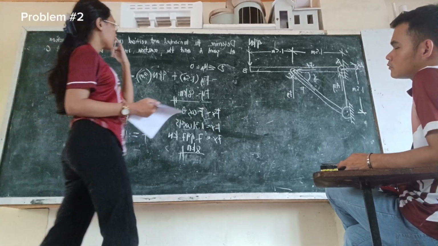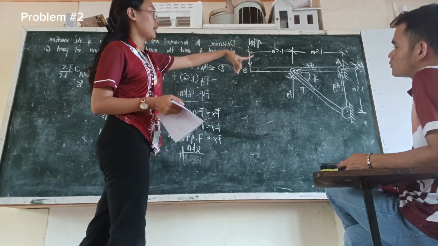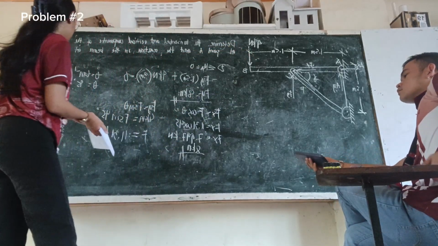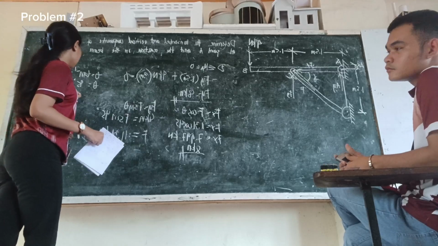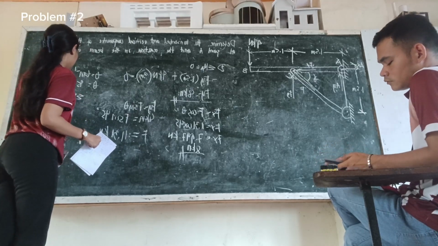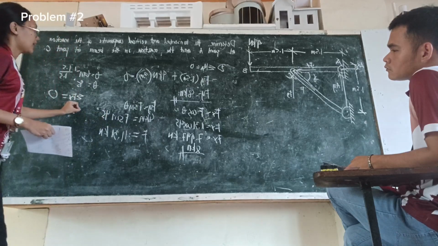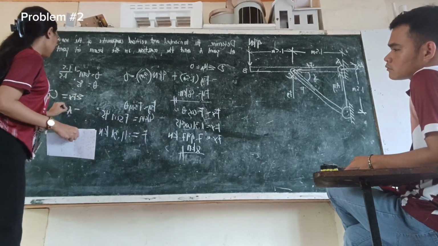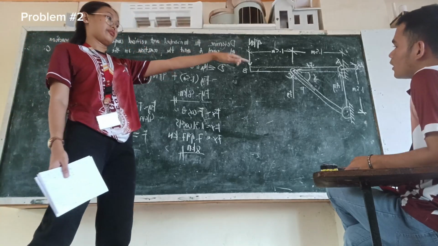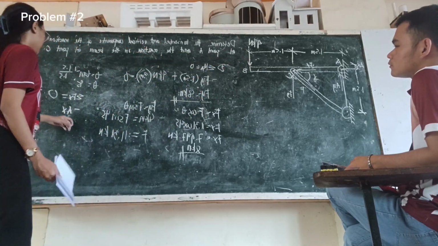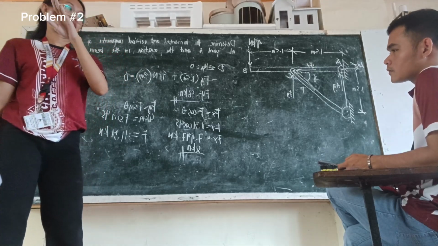So now we are going to find Ax and Ay. Summation of forces in x, summation Fx, is equal to 0. Negative Ax, negative since it's going to the left, and as we all know, the second quadrant is negative.